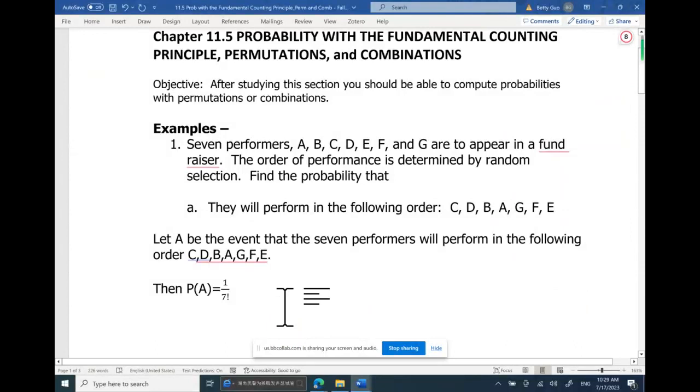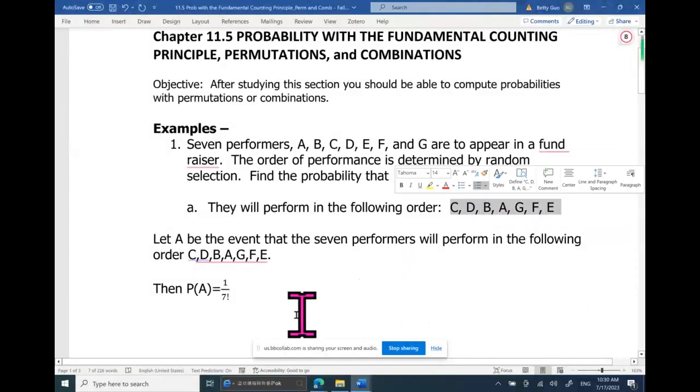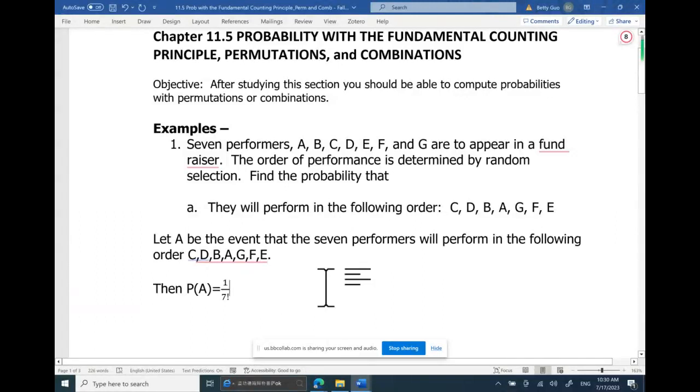So in total, we have 7 factorial ways to arrange the performers. Among those outcomes, there's only one outcome favoring event A occurring. So the probability is 1 divided by 7 factorial. Okay, we are going to use the calculator to find the result. You should do the same thing right now.